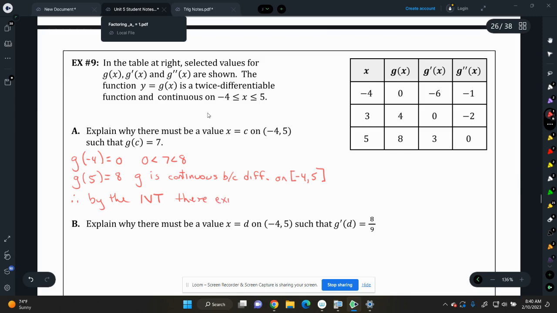There exists an x equal to c on [-4, 5], so I'm basically looking at this as I'm writing this, such that g of c equals 7.